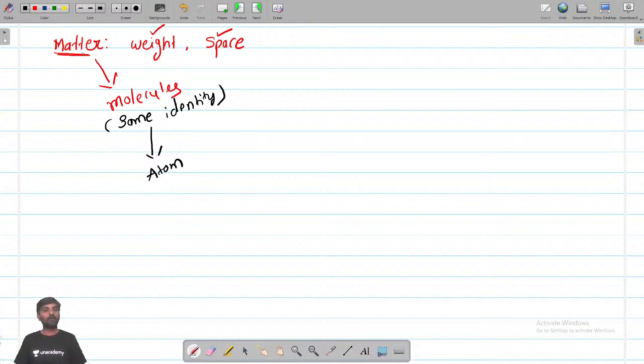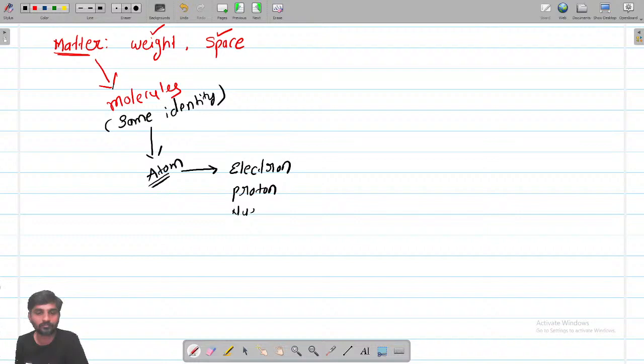Matter is again divided into molecules, and each molecule is subdivided into atoms. And an atom is composed of three important particles: electron, proton, and neutron. Of course you know all these things.